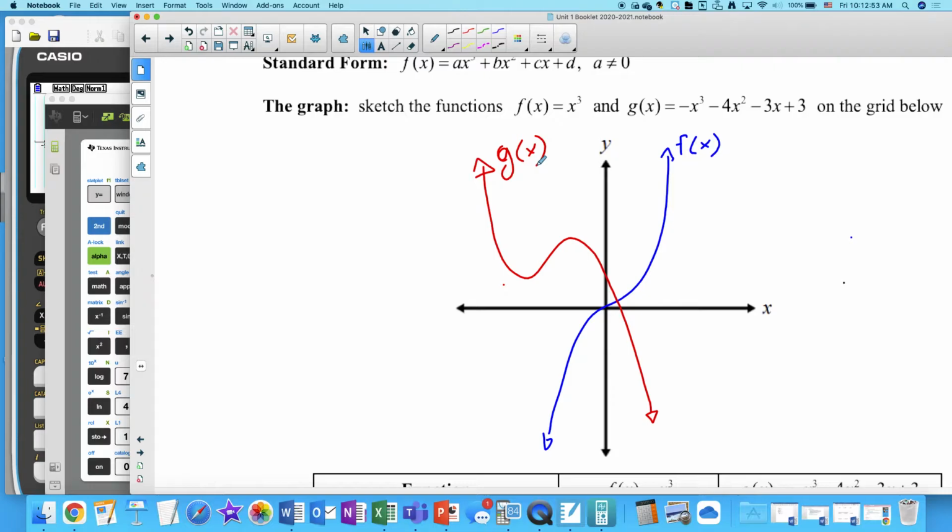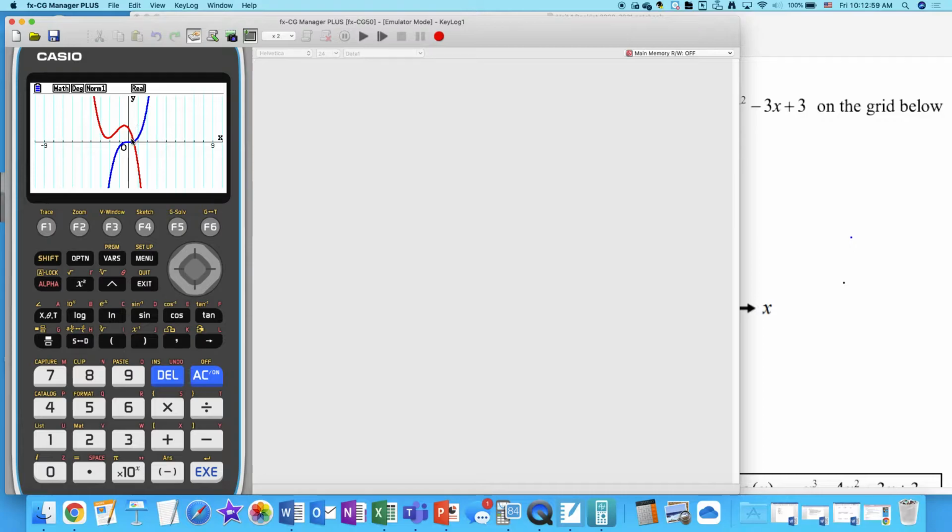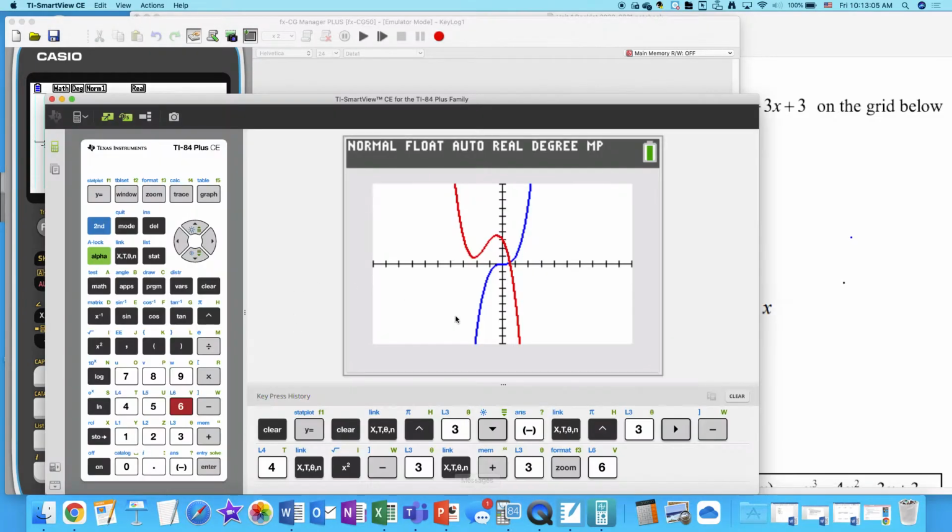Okay, and if we just go back to the graph again, on either calculator, we can see, actually it's kind of easier to see on the TI. The y-intercept of the red one is 3, and the y-intercept of the blue one is 0. So I'm going to sketch those points in as well.